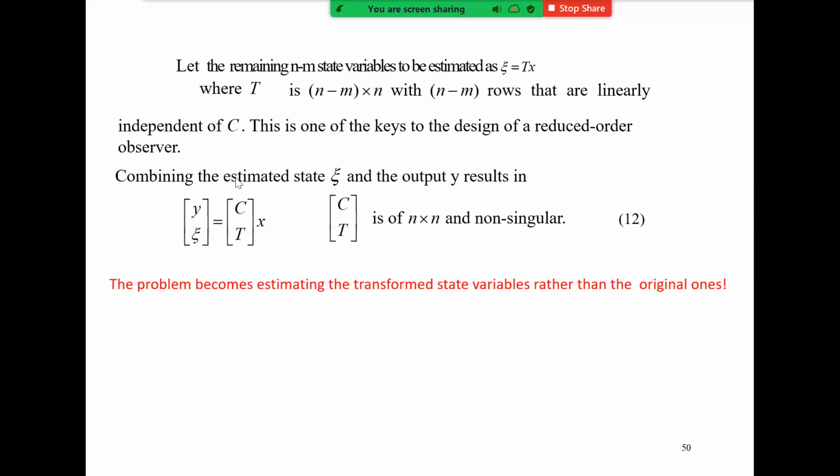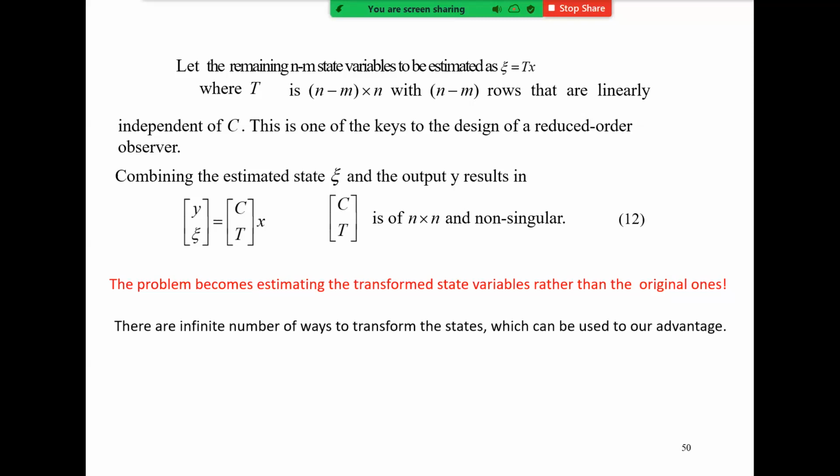Then the problem becomes, we already know y. We want to know ζ, but ζ equals T times x. We want to estimate the transformed state variables instead of the original one. The original one is x, but now we want to estimate T times x. You may wonder, how do we transform the state?